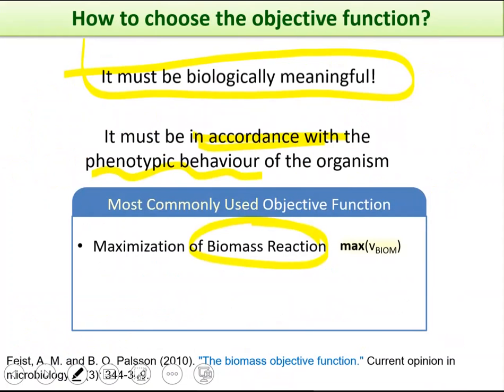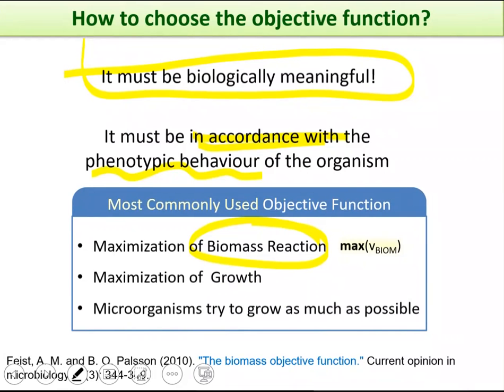It is based on cell division, right? And the production of biomass is at maximum. This is the assumption. So microorganisms try to grow as much as possible.